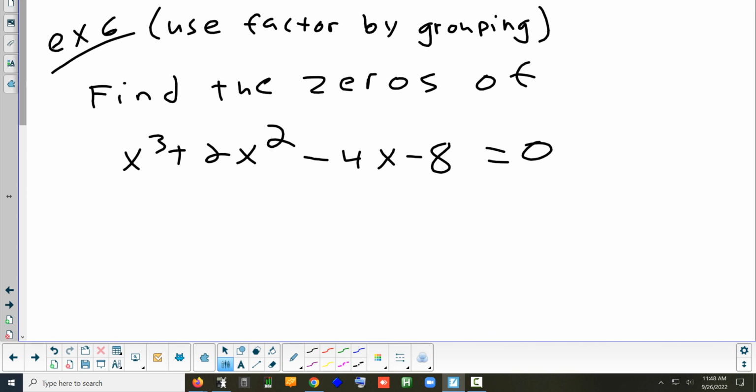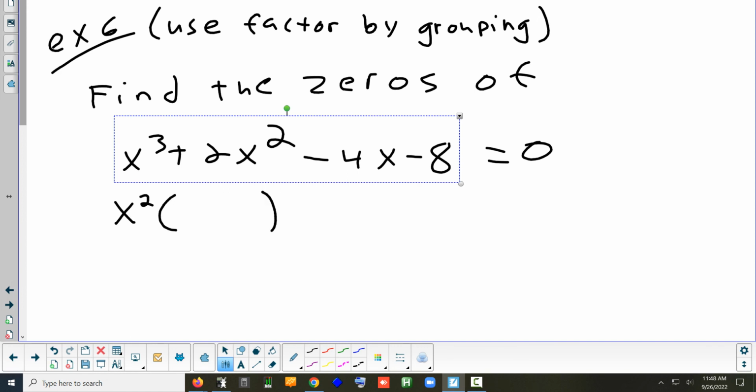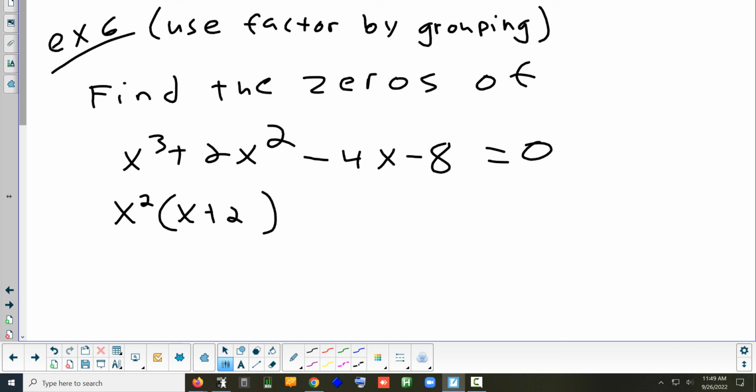So look at the first 2. Is there anything that they have in common? X squared. If you take it out of the first 2, what are you left with? X plus 2. Now, the goal is to factor something out here and hopefully end up with another x plus 2. What could we factor out?